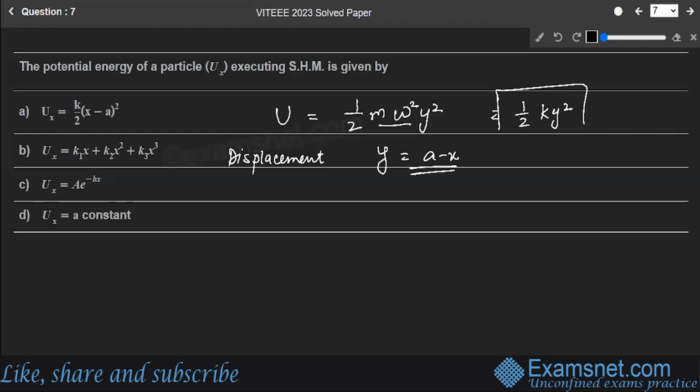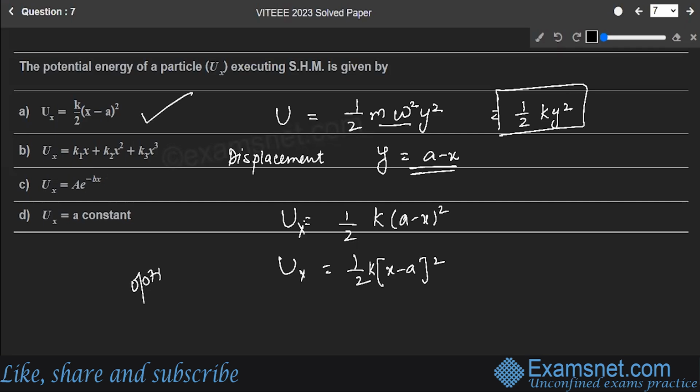Then this whole term will be U is equal to half into k into a minus x square, which can be written as, this is Ux for that particle, Ux is equal to half into k into x minus a whole square, which is your first option, option A. Hope you understood this. Let's move to the next question now.